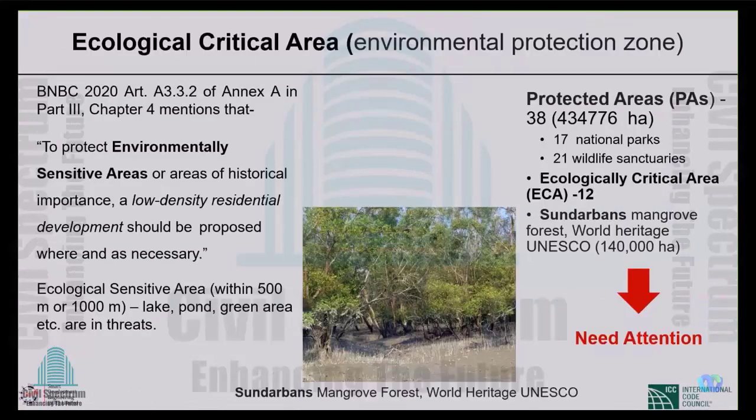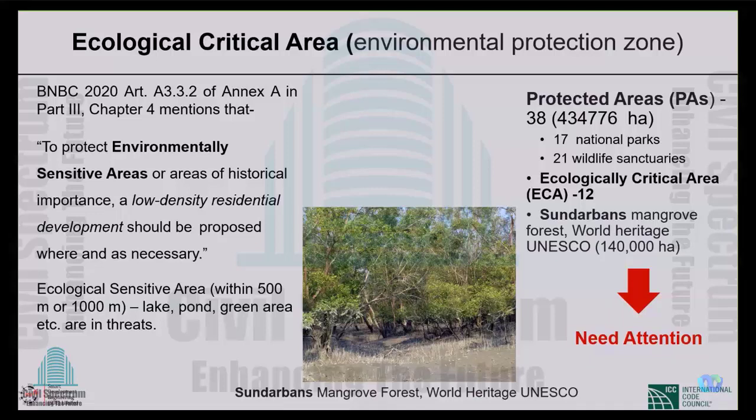Now I come to some points which are very sensitive to the environment. We call it ecological critical area. So it is important to look after. Everything we have to look after. There are special areas. We call them ecological critical areas. There's another word also, protected areas.